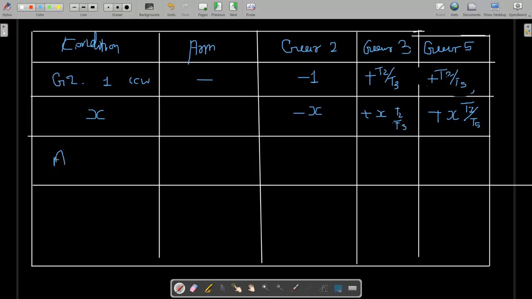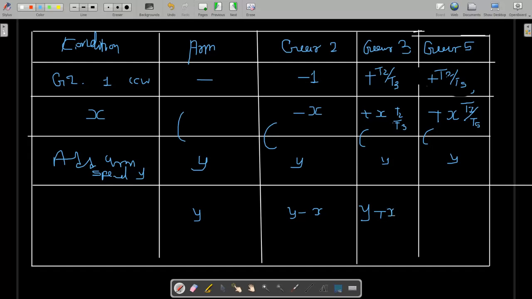Now I am adding the speed of the arm, y, to all of these. So we have y for the arm, y minus x for gear 2, y plus x times T2 by T3 for gear 3, and y plus x times T2 by T5 for gear 5.